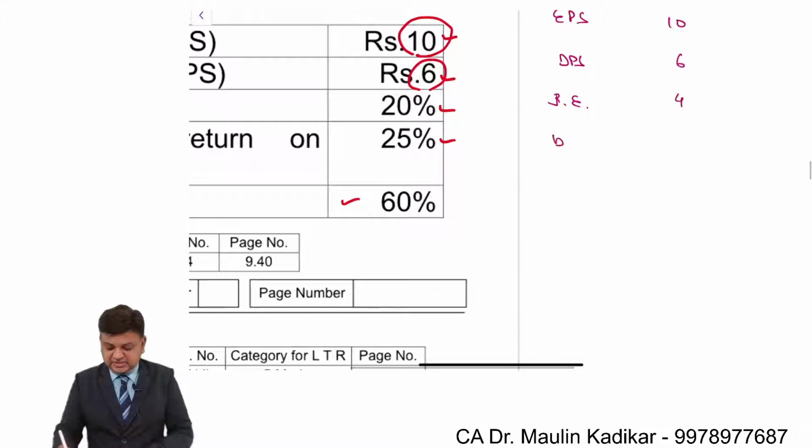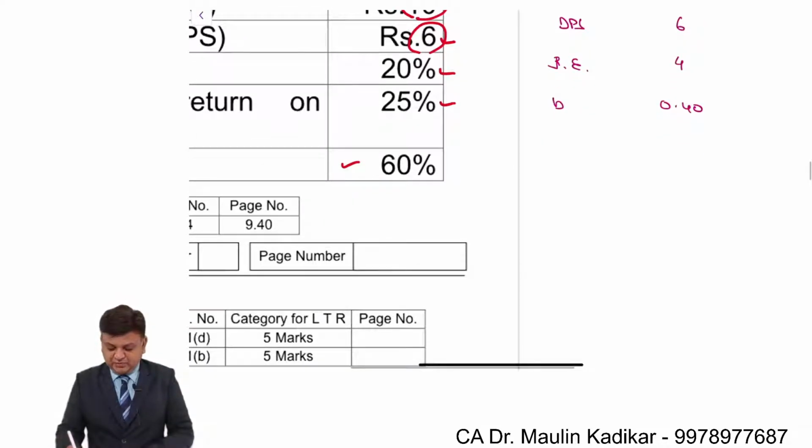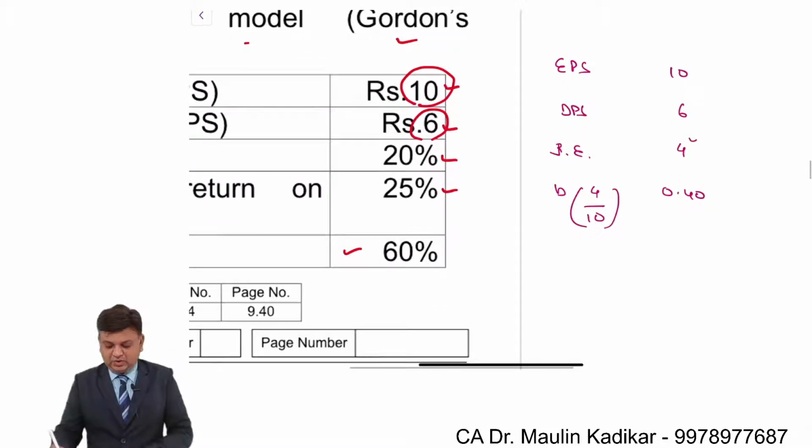So we understand that the retention ratio is 0.40. How this is 0.40? It is 4 upon 10. 4 rupees reinvested out of 10 rupees of the earning. So the retention ratio is 0.40.